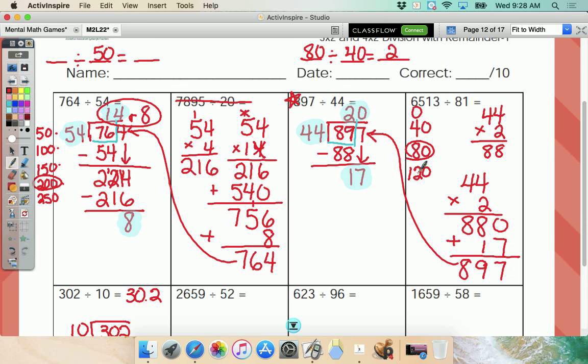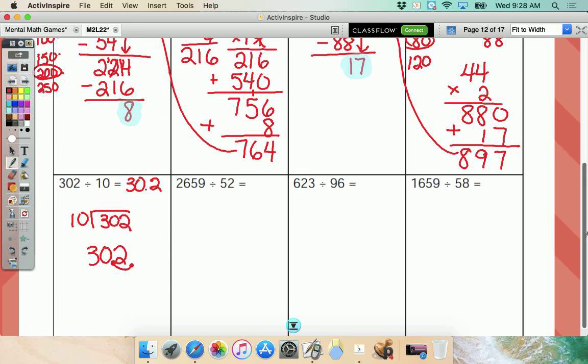Okay? Now here's what I want you to do. I think there are 2 problems left. Plus you have all those problems on the homework page that's on the back of what we did yesterday. Okay? So I'm going to give you partners, and I'm only going to pause this because when it's time to do the exit ticket, I want to get you started.